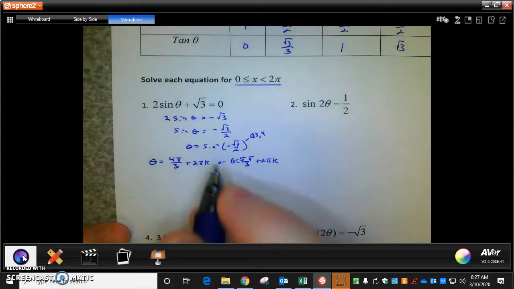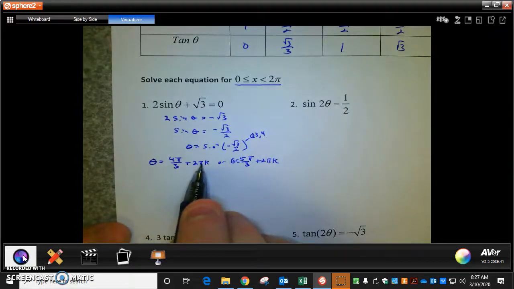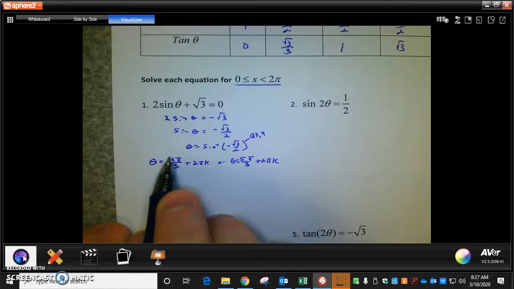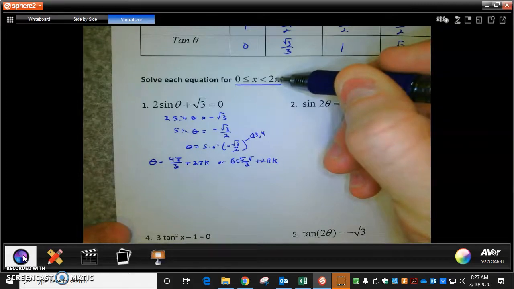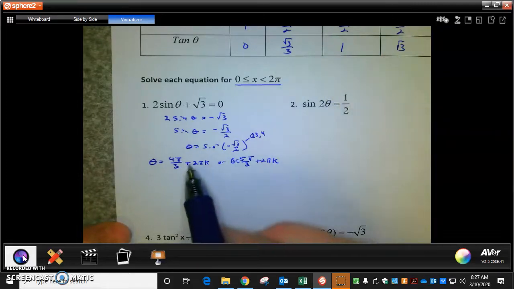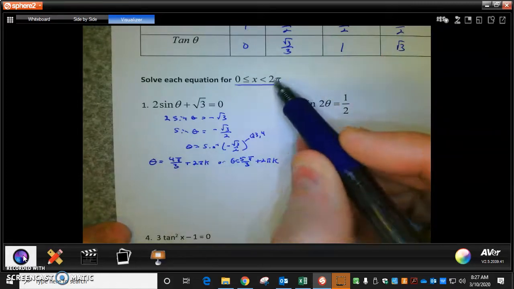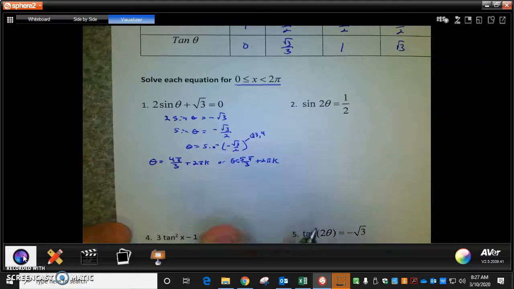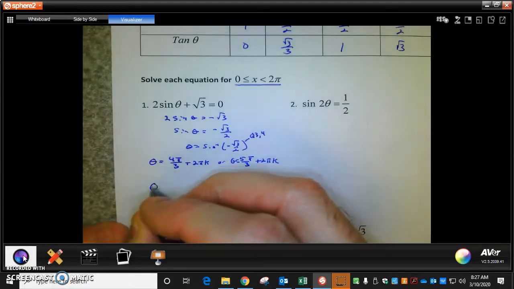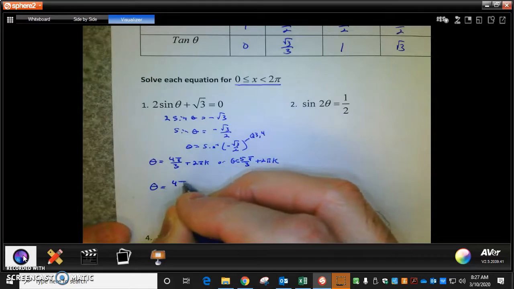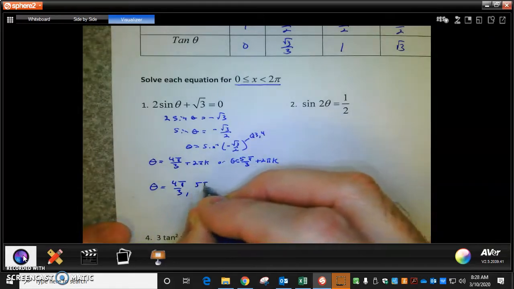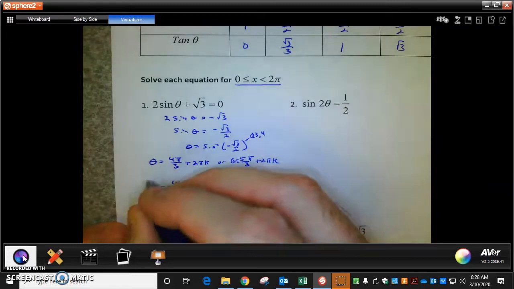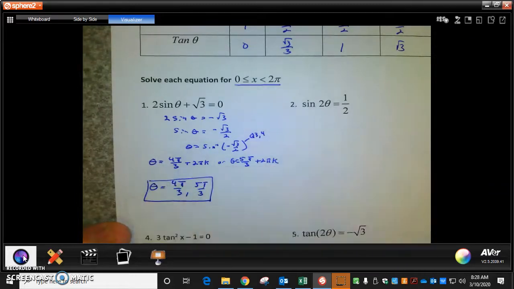So if I add 2 pi to this angle that I already have, I'm going to get an answer that's bigger than 2 pi, right? Obviously, adding 2 pi to anything is going to give me a number that's bigger than what I want. So for this one, I'm actually done. 4 pi over 3 is one of my solutions. 5 pi over 3 is another one, and that is all we're looking for today.